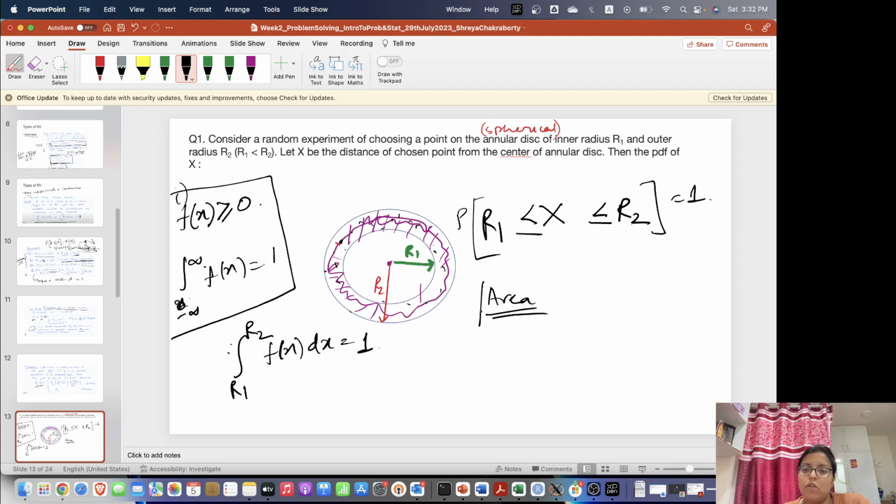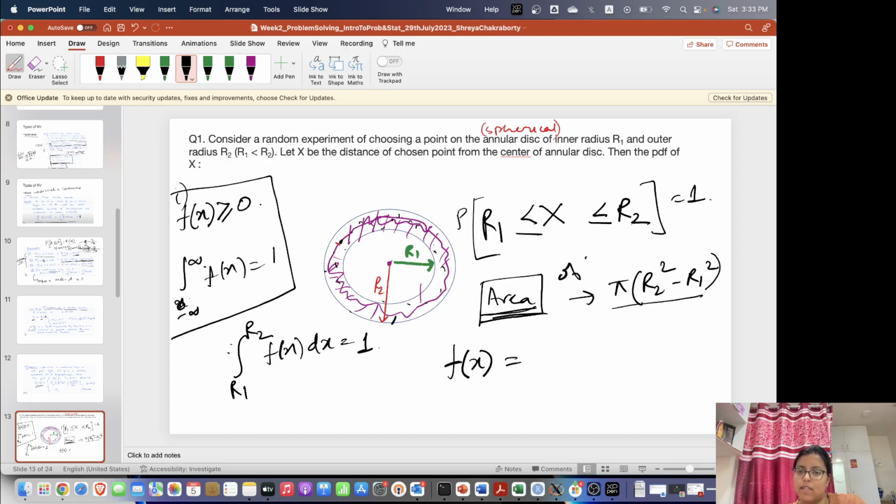Now I am also thinking in terms of area. So if I draw my fx like this, the total area is pi times (R2 square minus R1 square), the total area of the disk.